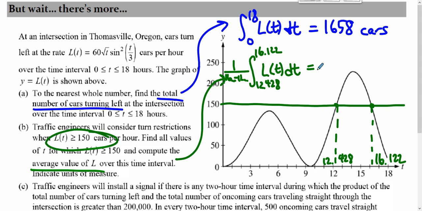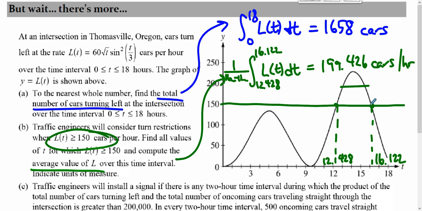The calculator helps us out with that, and we get 199.426 cars per hour. Does that make sense? 199.426. Does that look like about the average of this? Probably. So it's a reasonable answer.